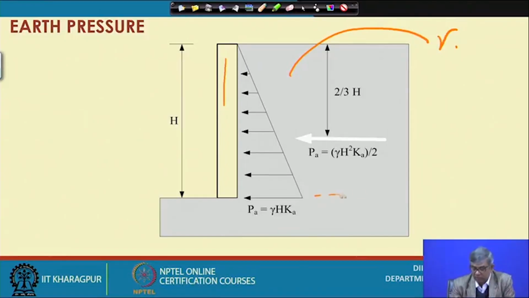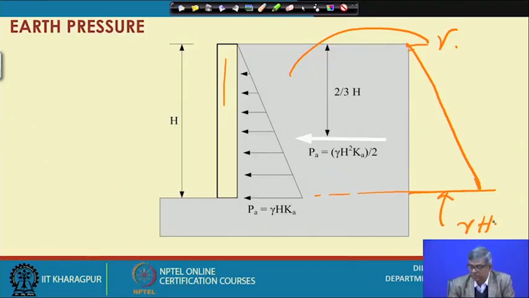It will be something like this, and at this point it will be gamma times H. Okay, and if I want to find out the active earth pressure diagram over the depth, then simply you have to multiply by Ka.